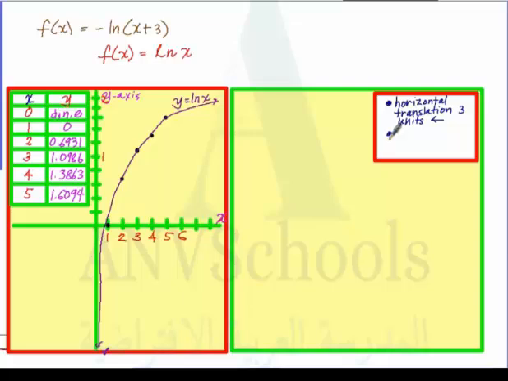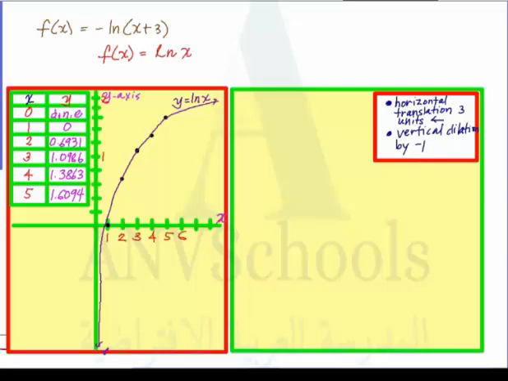Okay. What else? We have a vertical dilation. A vertical dilation or shrink. A vertical shrink by -1.